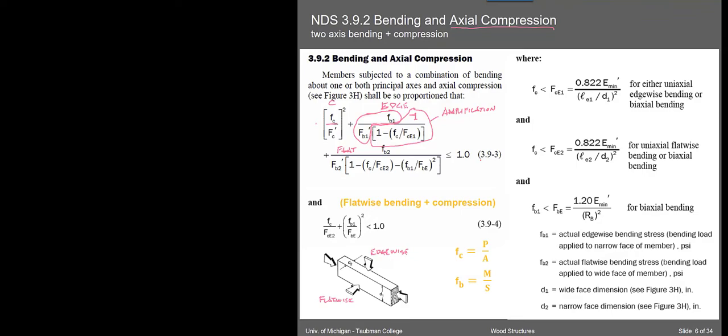Okay, amplification factor. What that's doing is accounting for a P delta effect. If this were a column with a flexural load on it, it'll bend a little bit, right?